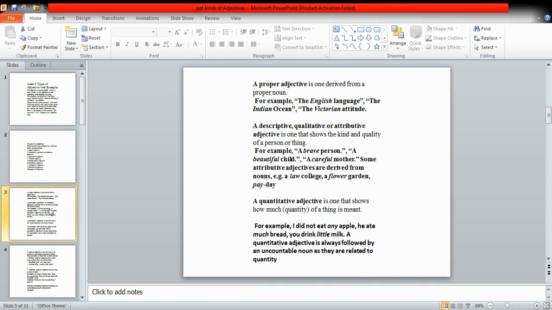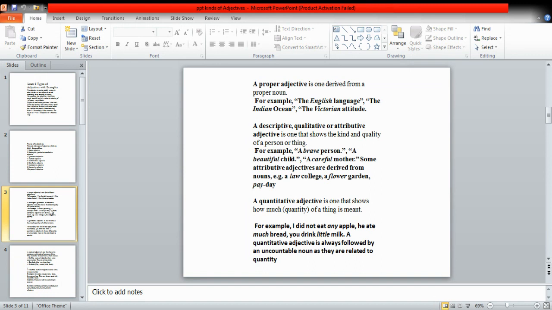Like a beautiful child, a careful mother, a flower garden, payday. These are all adjectives which do not have any other function in the sentence, but are just there to give the quality of the noun, and they always precede a noun.